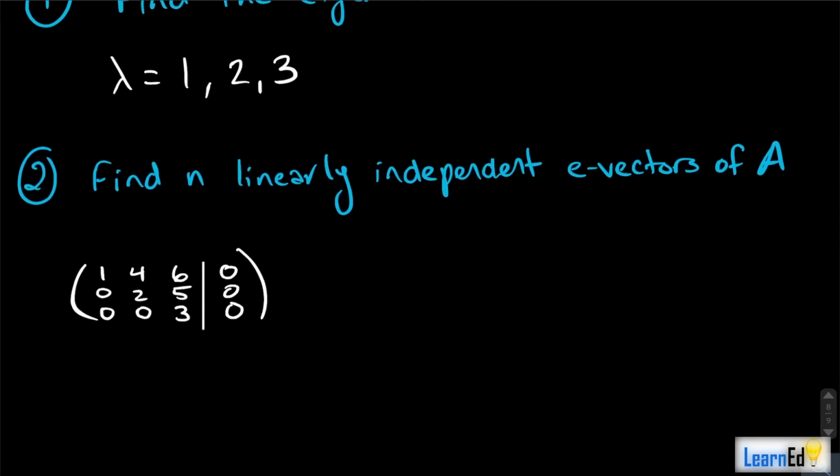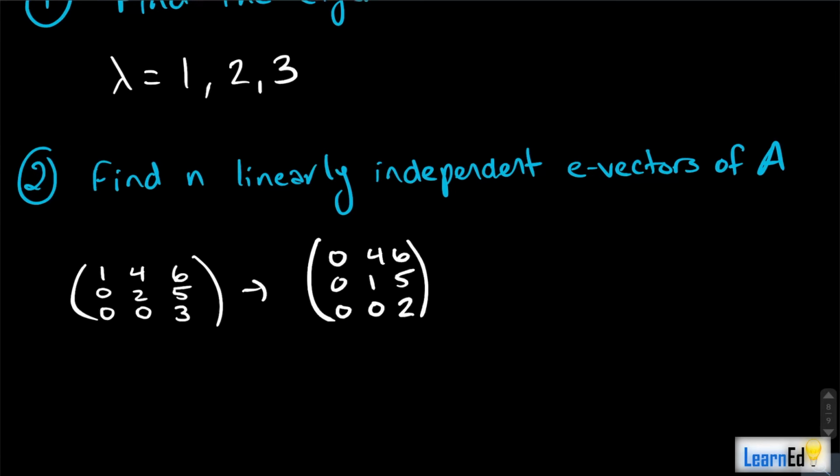So our first lambda is 1. Actually, it's kind of incorrect to augment this with 0 yet because this is just A. But what happens is I'm going to subtract 1 down the diagonal and then augment with 0. So we get 0, 4, 6, 0, 1, 5, 0, 0, 2. Right? And now we augment.